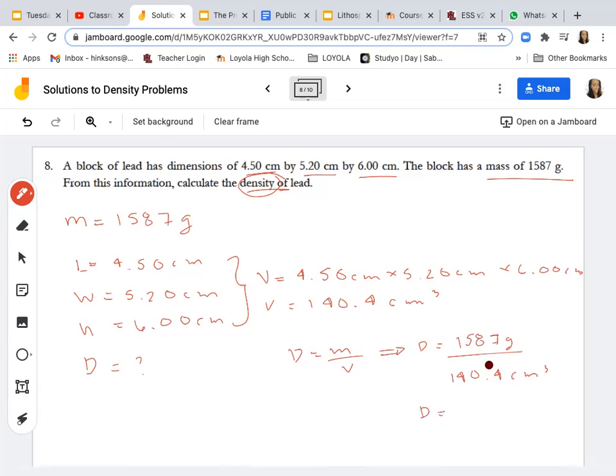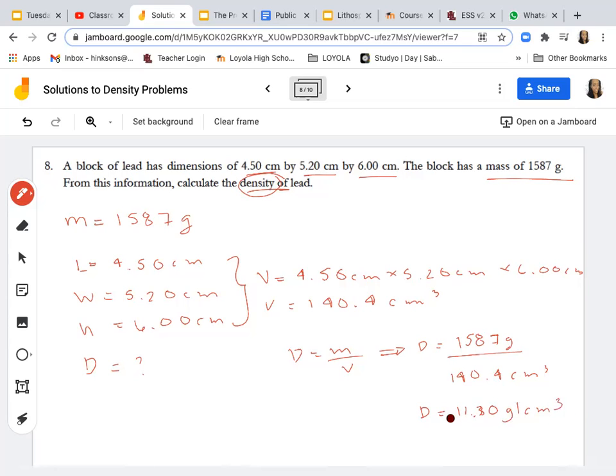Equals. It's okay, he's doing it. Okay, 11.3 what? 11.303. Okay, so I'm just gonna put that grams per centimeter cubed.